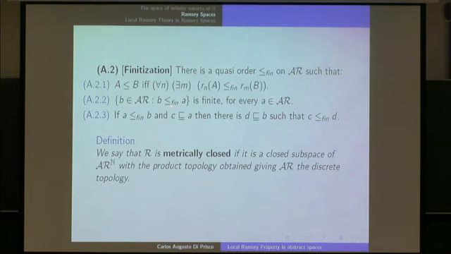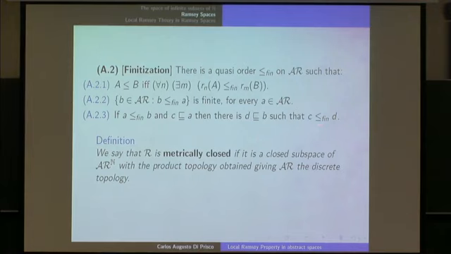And the third condition in this axiom says that if A is less than B, these are two finite approximations, one is below the other, then, if we take a finite initial segment of A, we can find an initial segment of B which is below it, so that they are in this relation.